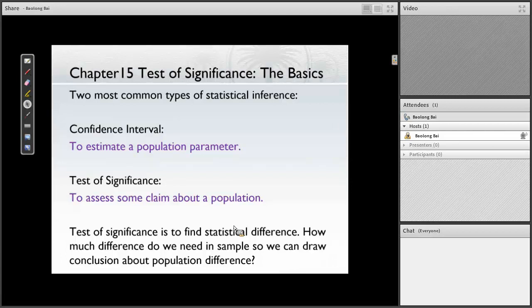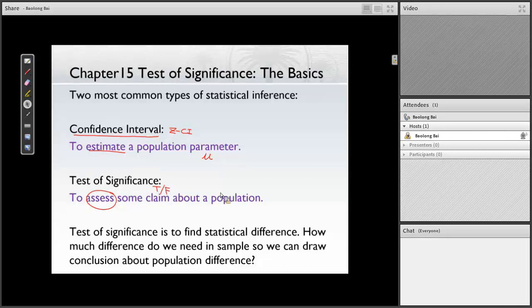We start with a kind of review. There are two different inference procedures. One is the confidence interval from last class. We talked about a Z confidence interval in which we're making estimations. And the parameter we're estimating for this class is always the population mean, right? And then hypothesis test, we need to assess a claim being true or false, right?